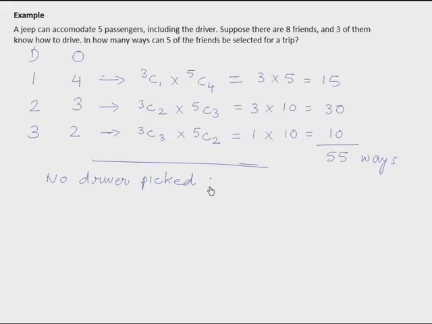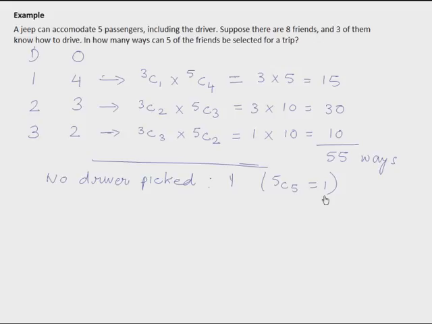And that answer surely is 1. 5C5 equal to 1 for those who've begun to rely on formulae. Now, this is the number of ways where no drivers are picked.